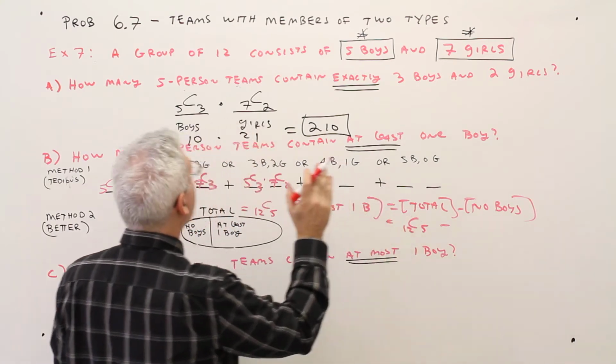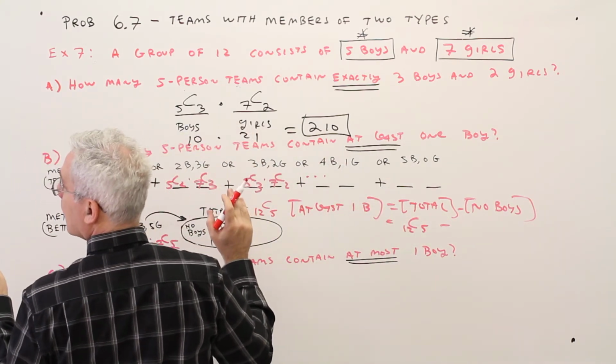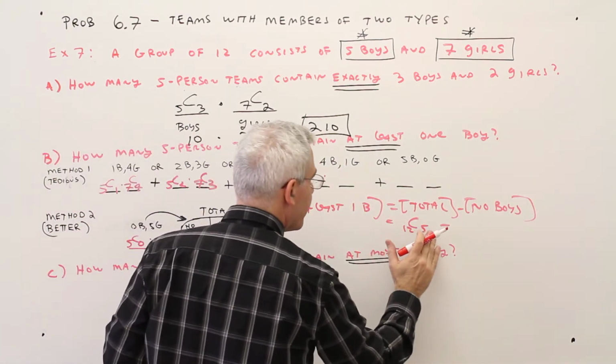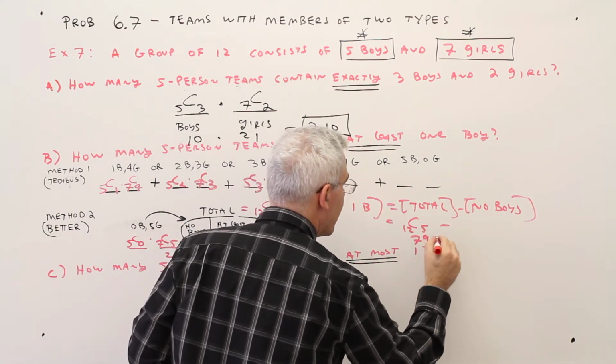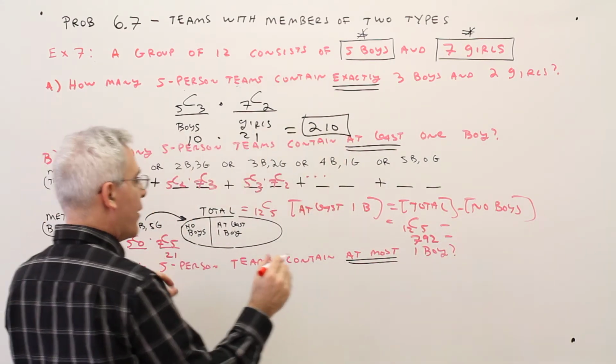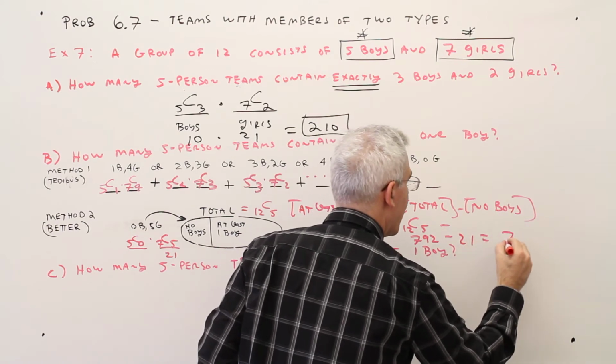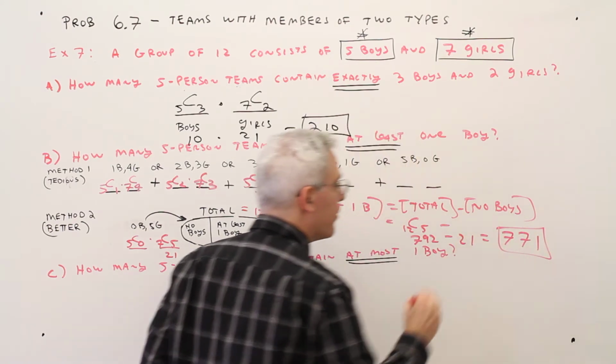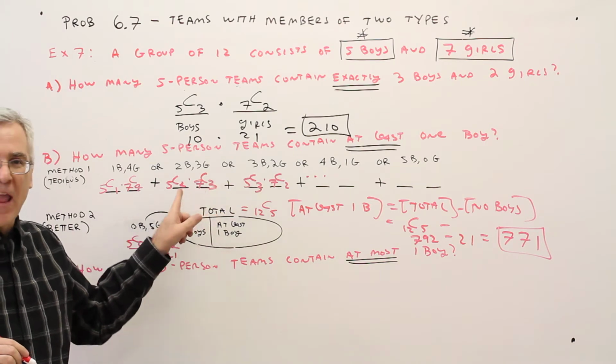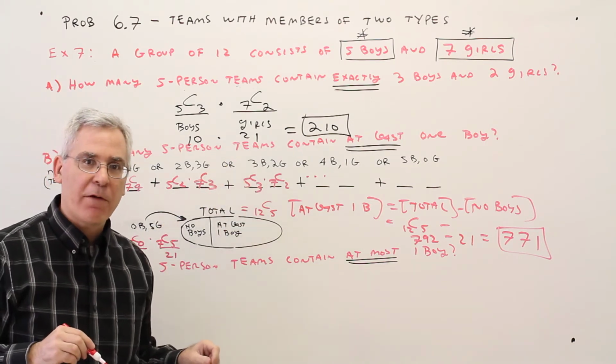And 12 choose 5, we did that before. That came out to be 792. So this was 792 minus the no boys was 21, and we get 771. Much easier than adding all and multiplying all that stuff.